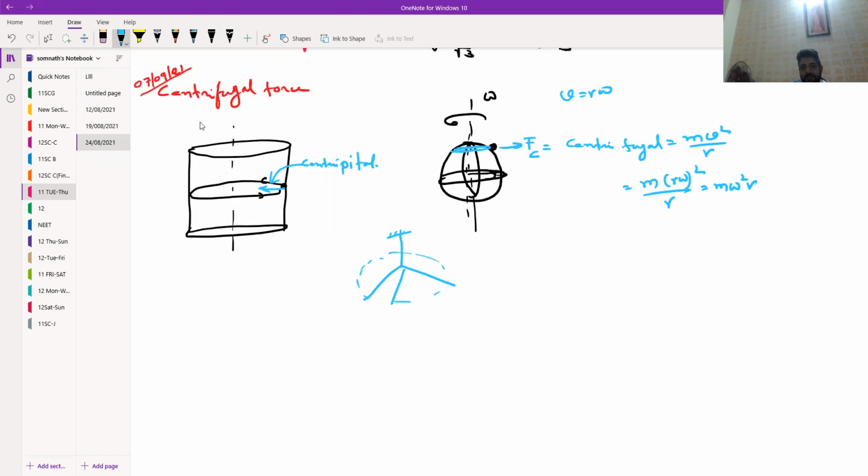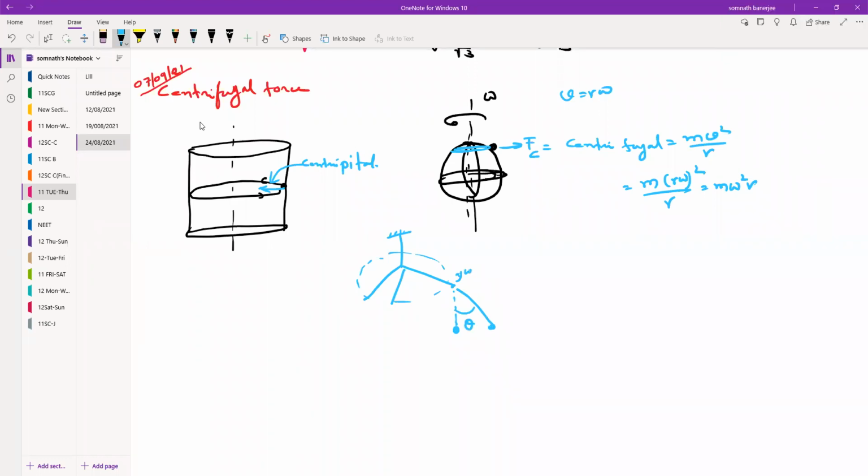If you put a string and a bob, as it starts moving, it will move outside. Yes or no? Yes. So that is called centrifugal force.